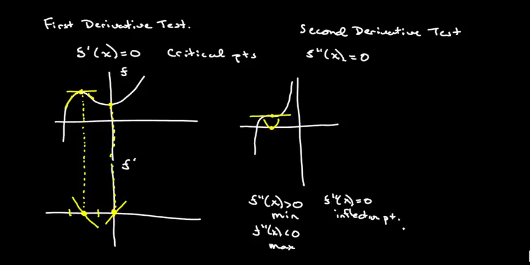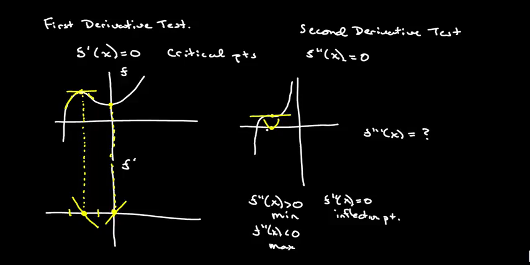Okay. So how do you know if this guy's an inflection point or not? Well, what we need to do now is take a look at the derivative of the second derivative. So what would the third derivative look like?